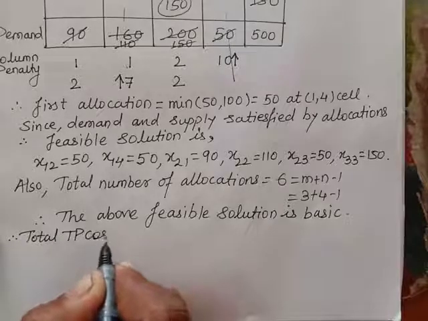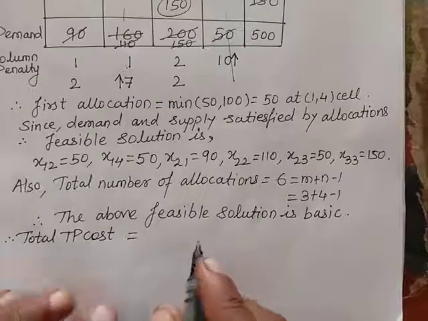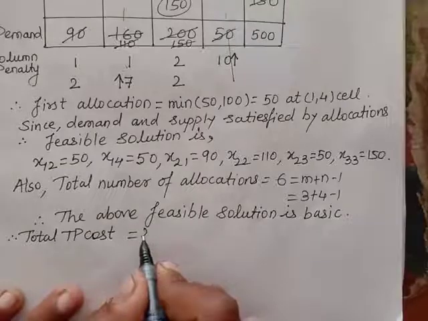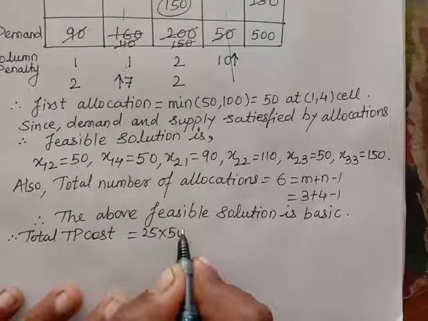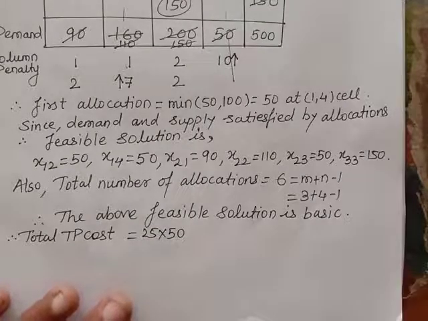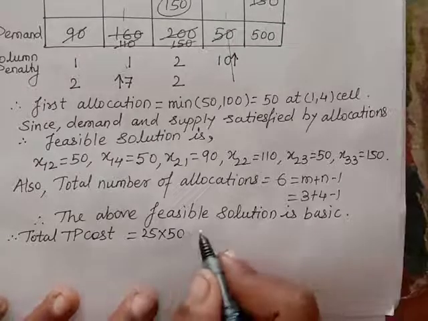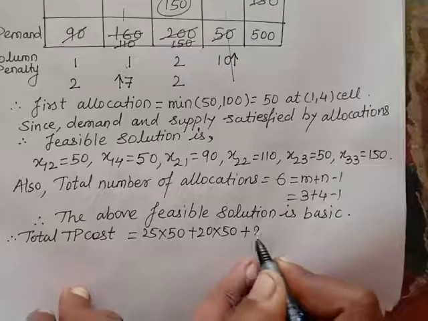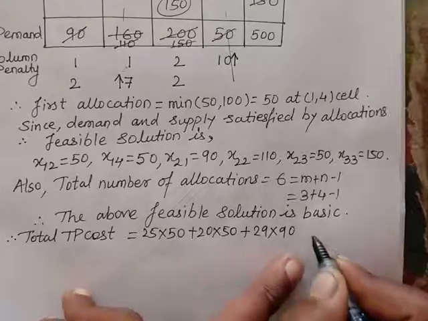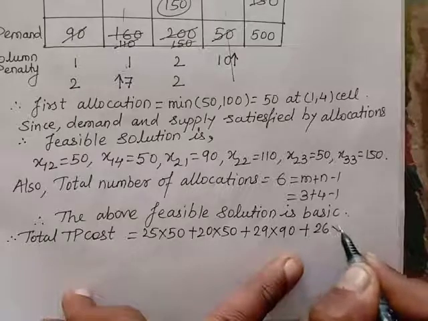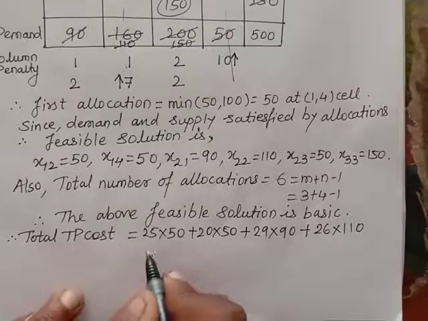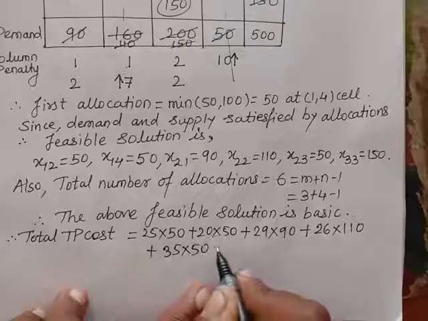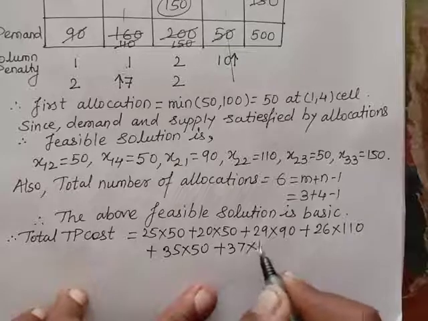Therefore, total transportation cost is equal to the same one: 25 into 50, you can look at the cost in your notebook, plus 20 into 50 plus 29 into 90 plus 26 into 110 plus 35 into 50 plus 37 into 150.